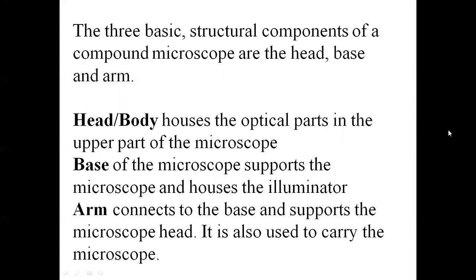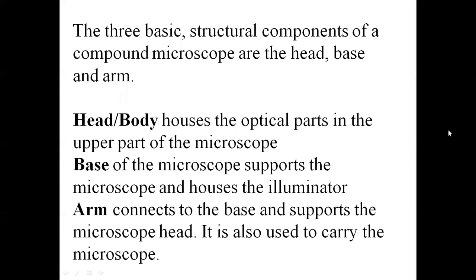In that, the head portion will be the place where we keep our eye and through which we are seeing. The head portion also includes the objective lens and focusing lens. There are different components also that we'll see in the next slide.